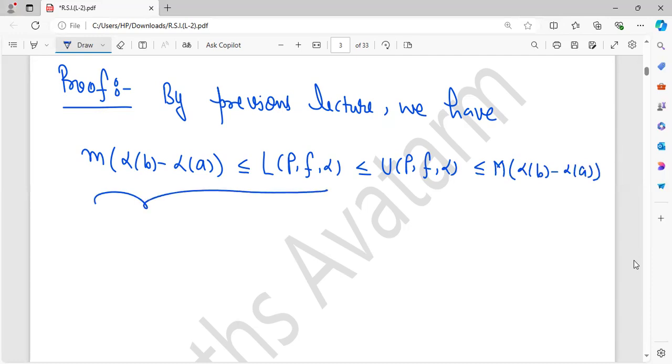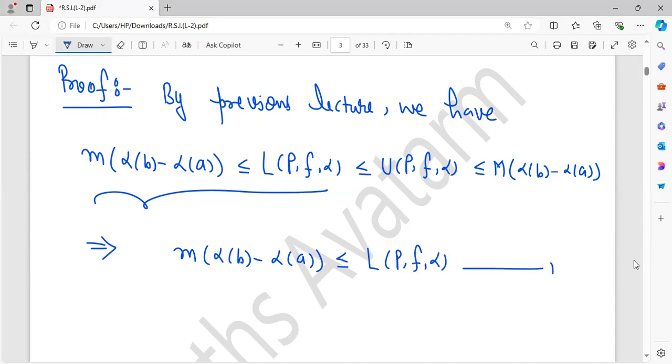Now you take this one only. This implies m(α(b) − α(a)) less than L(P, f, α).